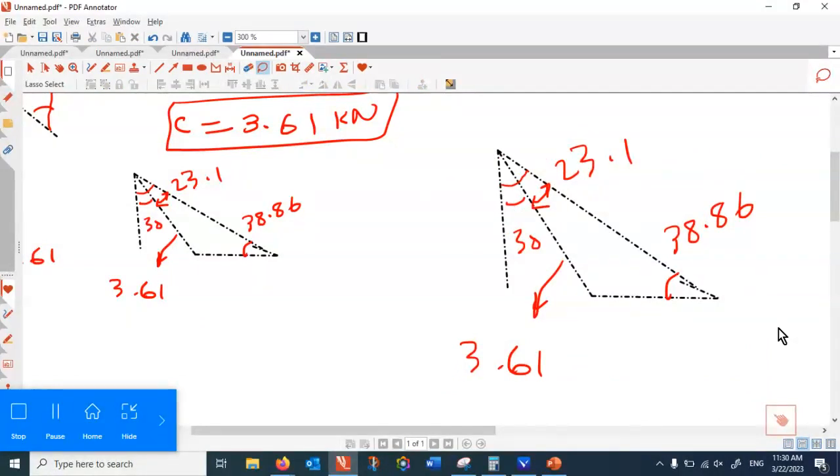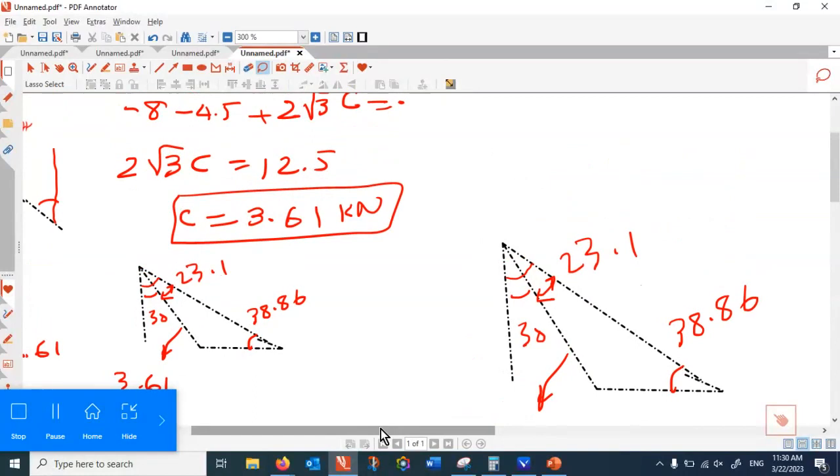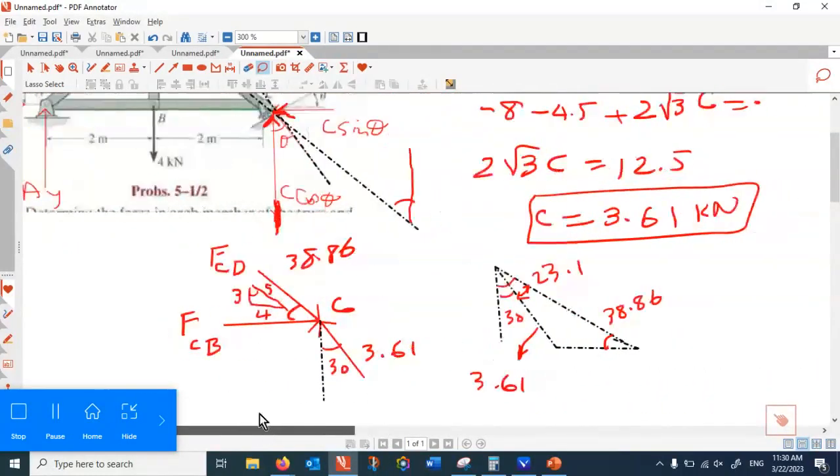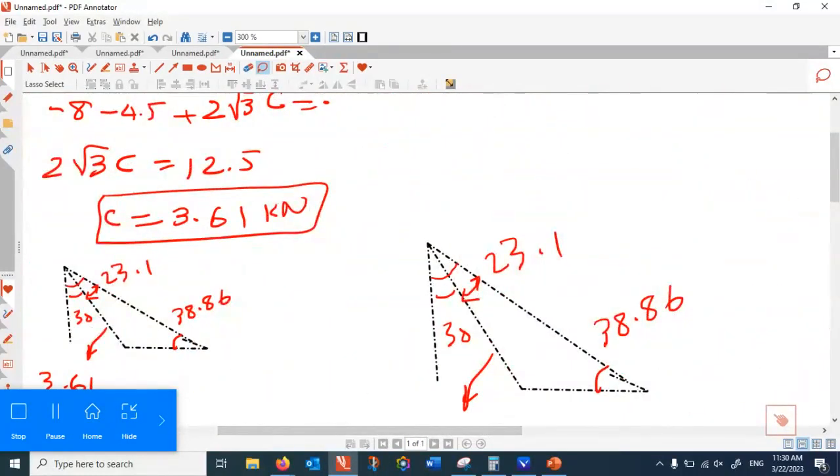Okay, can you follow this triangle? This is FCB, then the horizontal is FCB. And that one is FCD, is it? All right, so we can solve this triangle, can't we?